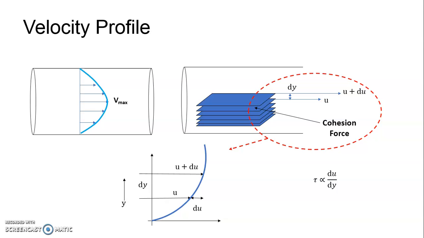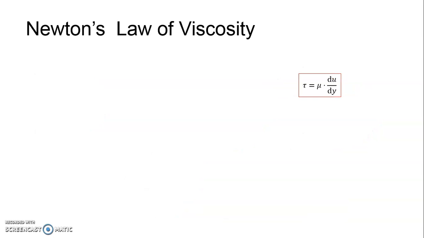So tau is proportional to du by dy. Now I would like to replace that proportional sign by equal. So tau equals a constant, a proportionality constant, a coefficient, into du by dy. Now this coefficient is called viscosity, and further we call mu the dynamic viscosity.